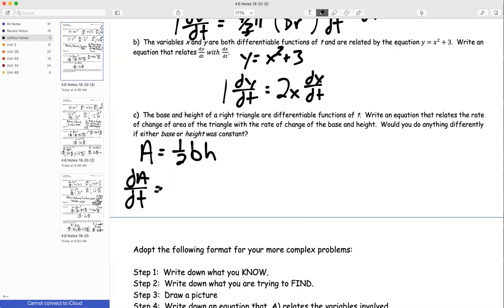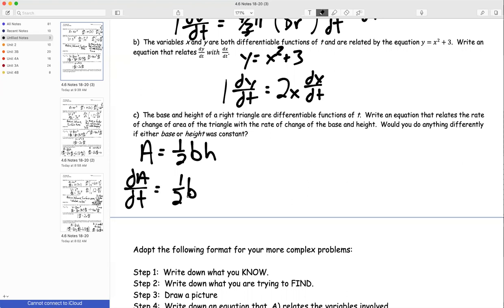And then I need to differentiate on the right side here. And so I have 1/2 b times h. So I'm going to do the product rule where my first term is 1/2 b. So I've got 1/2 b times the derivative of h.